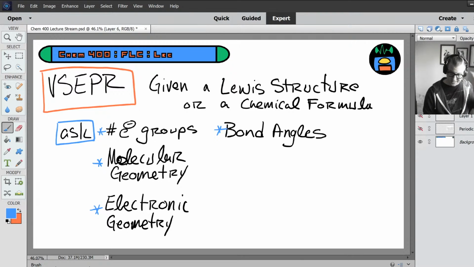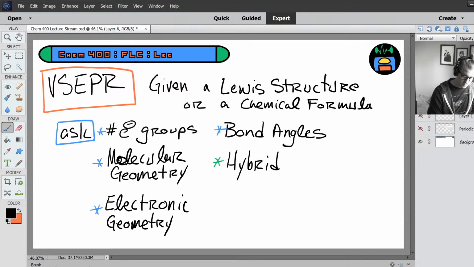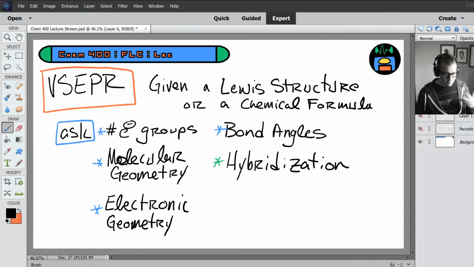I could also ask, this is not VSEPR, so I'm going to put this in a different color, I could totally ask for the hybridization as well, which we haven't talked about yet, but that will show up on exam 4. And so if you're wondering, okay, how are we going to be tested on this information? That is how. I'll either give you a Lewis structure or a molecular formula.